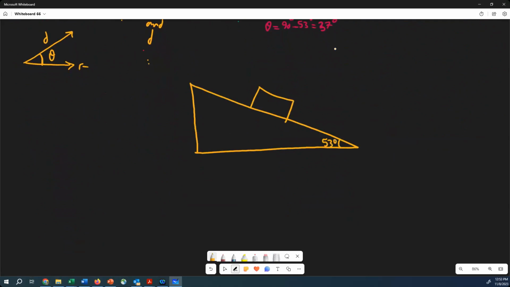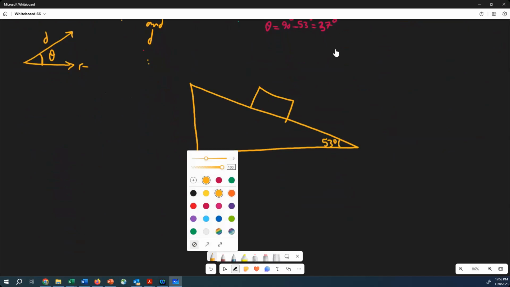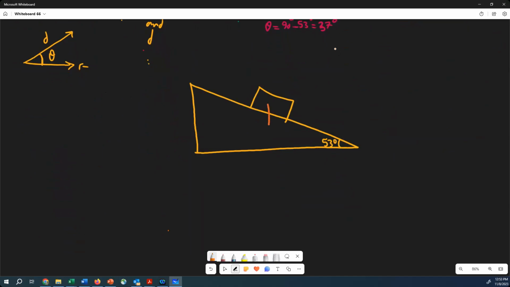I just draw mg for now. You remember we would be able to find the components of mg, if this is the x-axis and this is the y-axis.